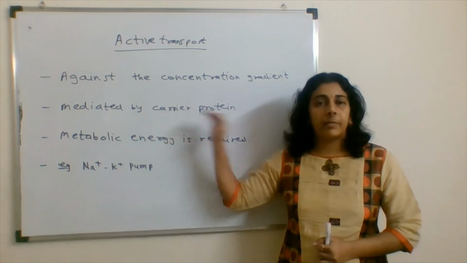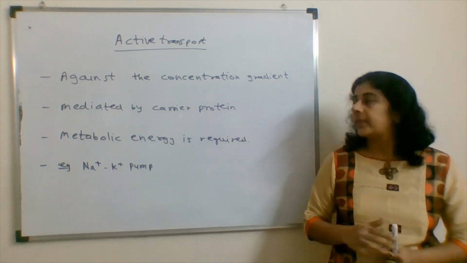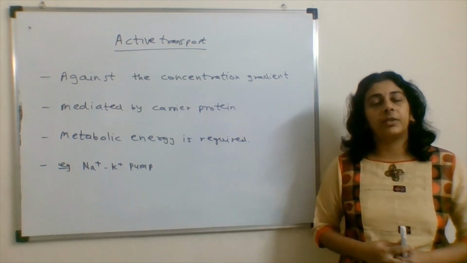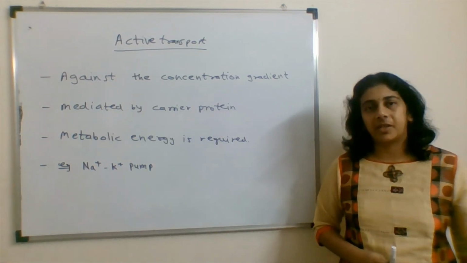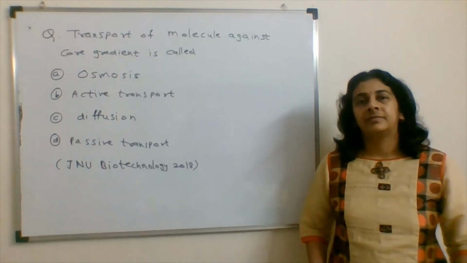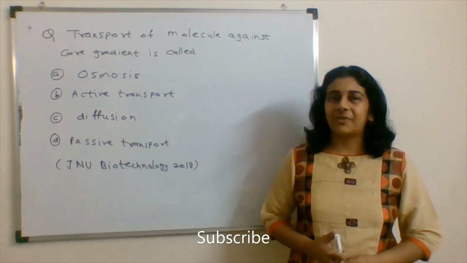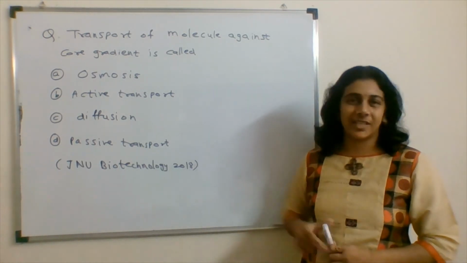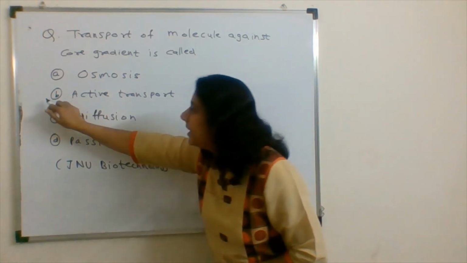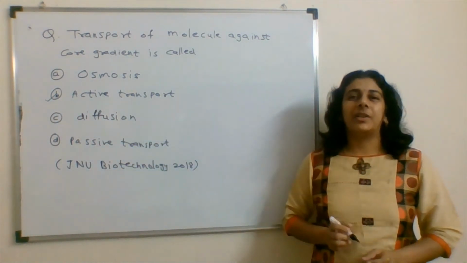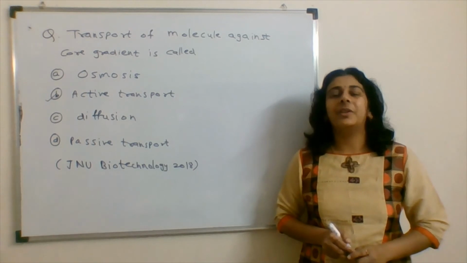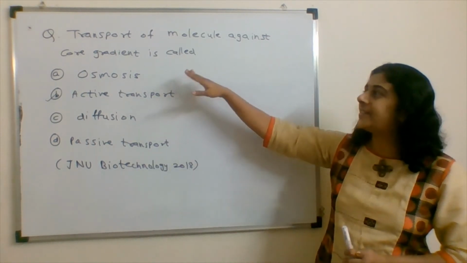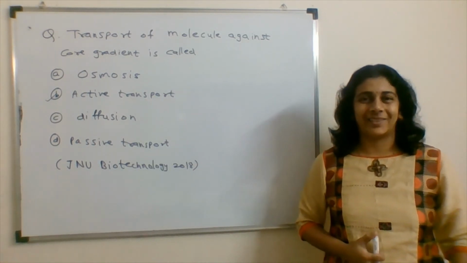It is mediated by carrier protein, and the well-known example of active transport is the sodium-potassium pump. After this discussion, we come to the conclusion that the answer to the question would be option B. Active transport is the type of transport which is against the concentration gradient.